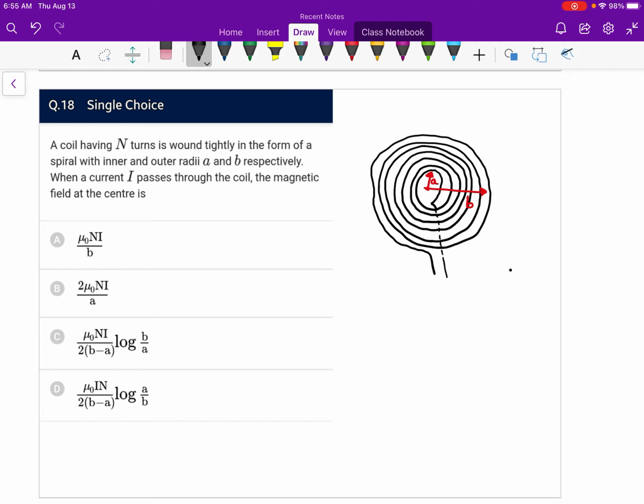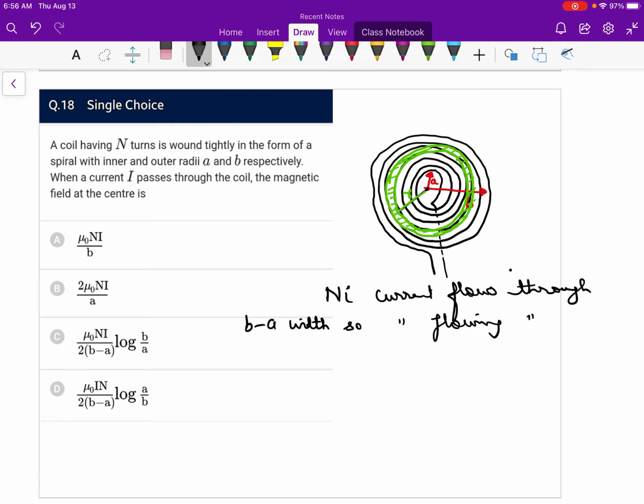So what we need to do, let's take an elemental circular coil of radius R and width dr. So the current flowing through this width dr: Ni current flows through B minus A width, so current flowing through dr width is di equals Ni upon B minus A into dr.